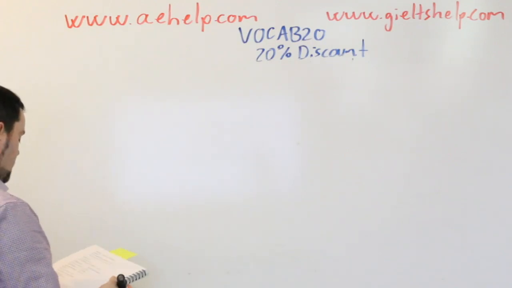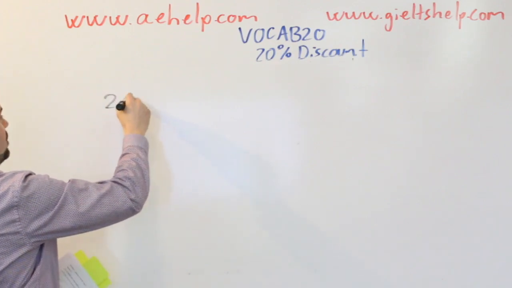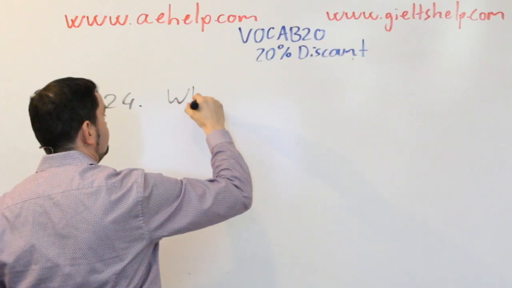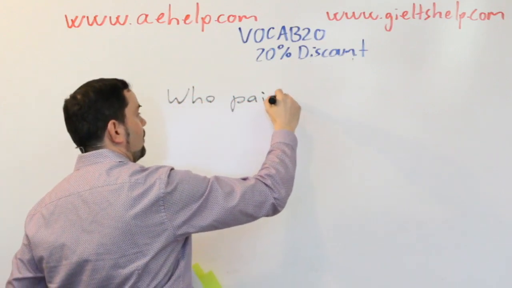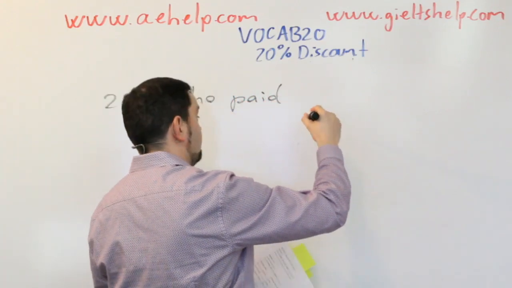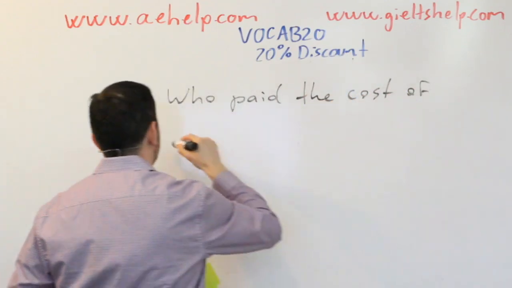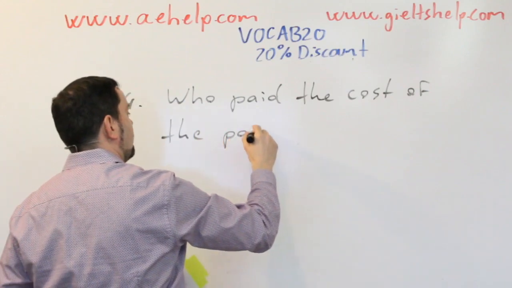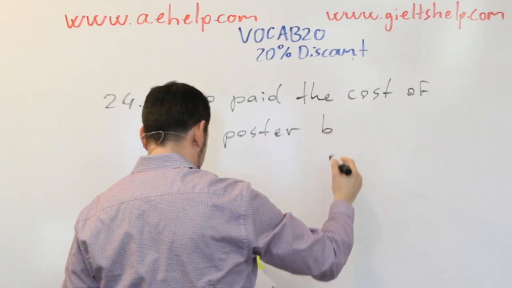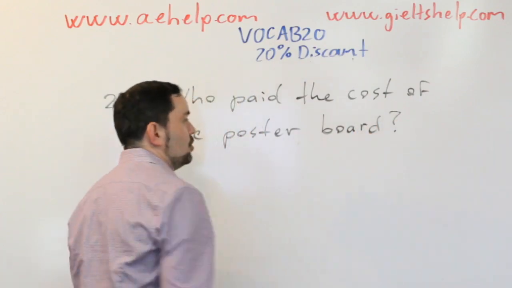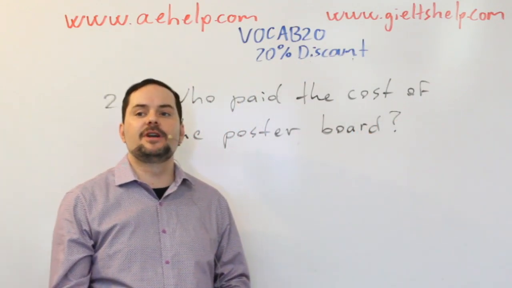Okay, let's look at the next question. Let's look at 24 here for a quick paraphrase. Who paid the cost of the poster board? So who paid the cost of the poster board? Can somebody paraphrase this for me?